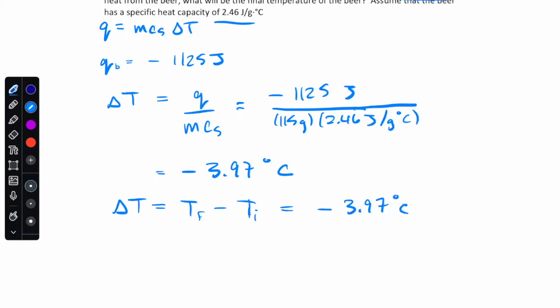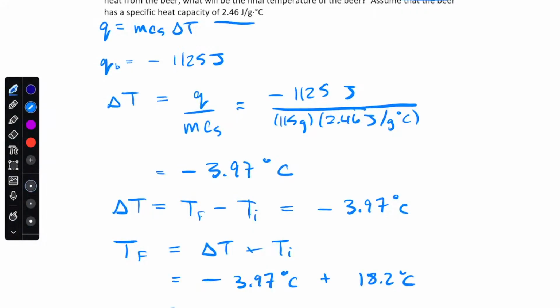And we could rearrange: TF is delta T plus initial temperature, which is negative 3.97 degrees Celsius, and our original temperature was 18.2 degrees Celsius, which is 14.2 degrees Celsius. Great. Cool it a little bit. 4 degrees colder. Liquid nitrogen would do a better job.